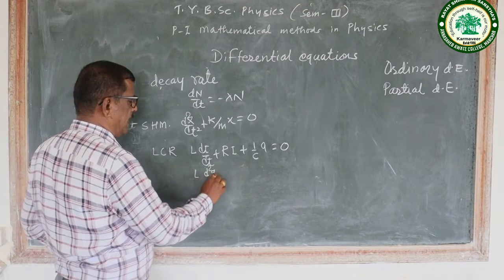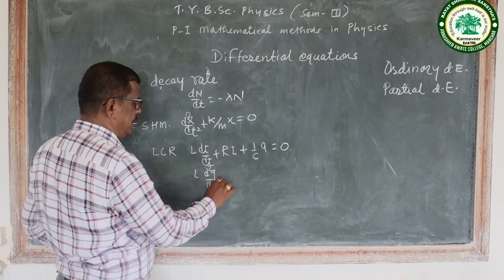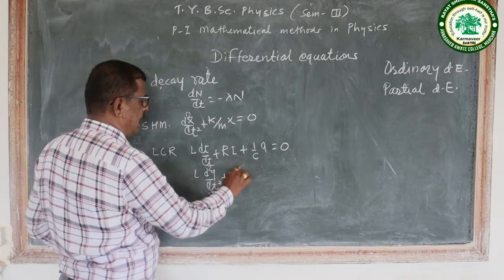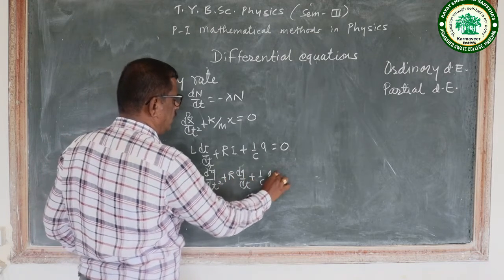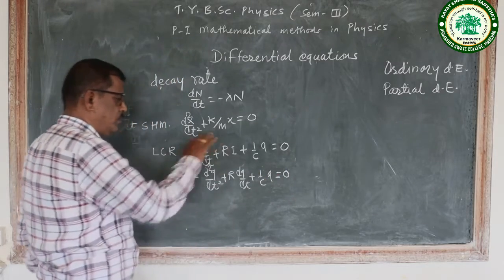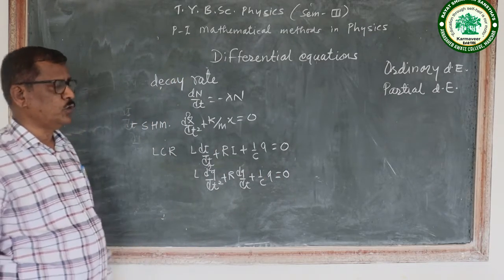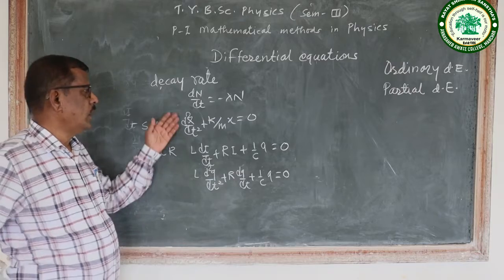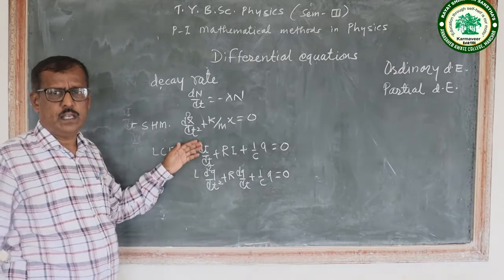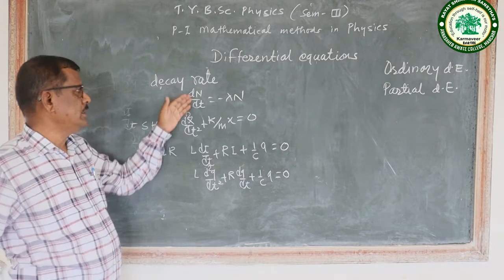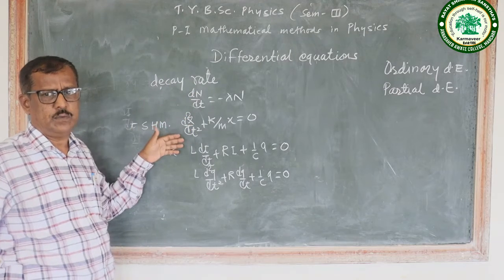Otherwise, this can be written as L d2q by dt square plus R dq by dt plus 1 by c q equal to 0. Here we put i equal to dq by dt. We call this an ordinary differential equation.